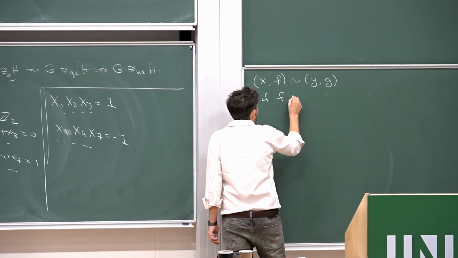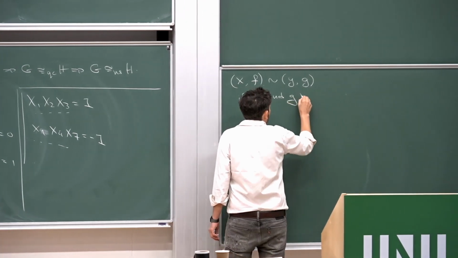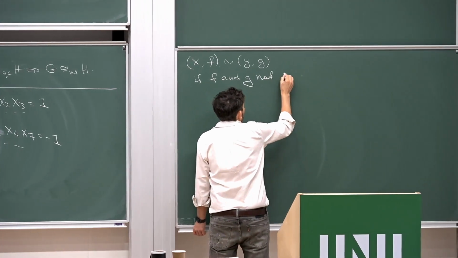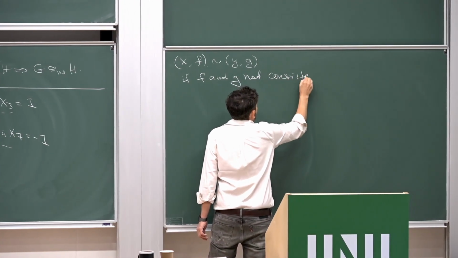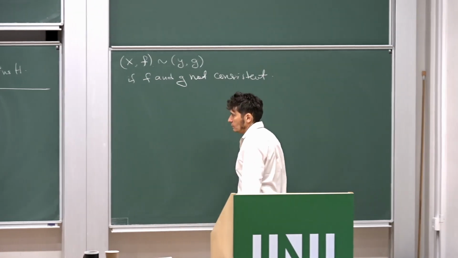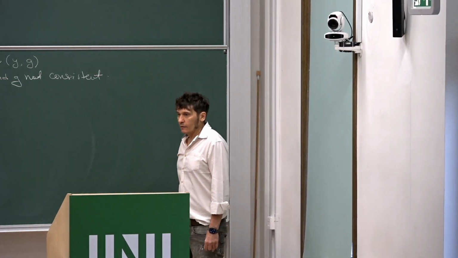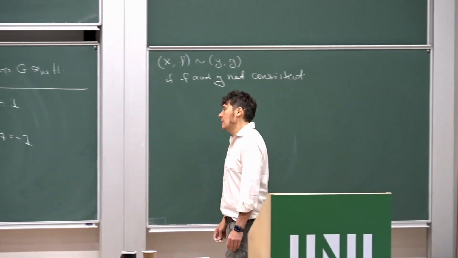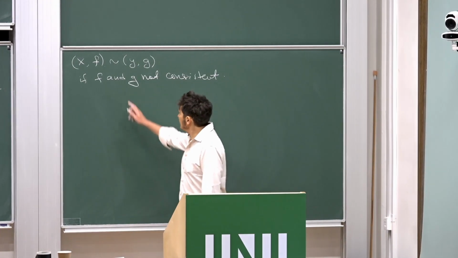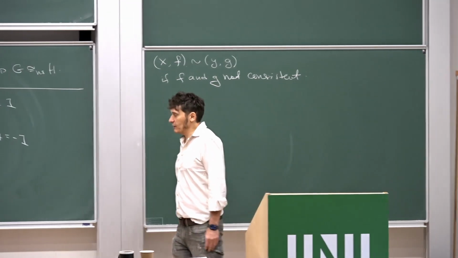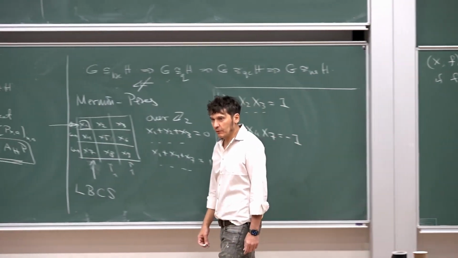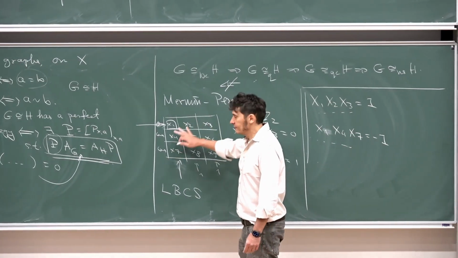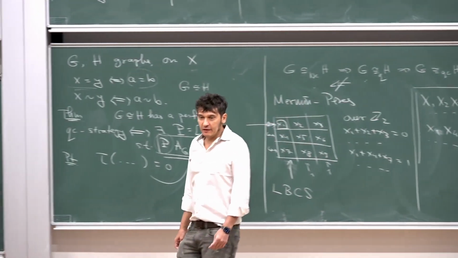So if F and G are not consistent. So you associate a graph with an LBCS game, and you show that this graph isomorphism game has a perfect quantum strategy, for example, precisely when the game itself has a perfect one.